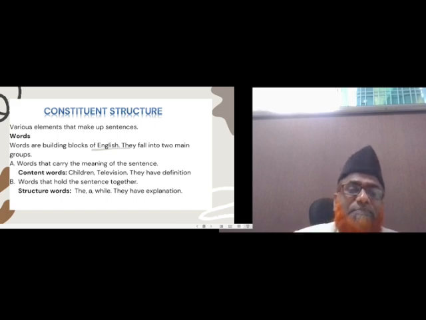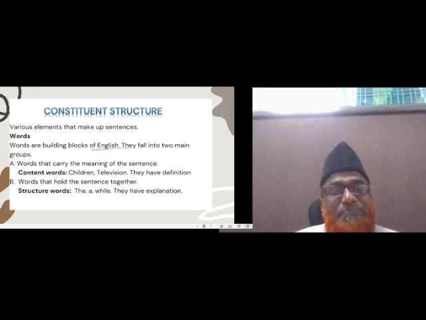The dictionary will tell you that the is an article, definite article or indefinite article, and give the usage of the, where to use, where to omit, and so many things. But it will not give you a meaning.